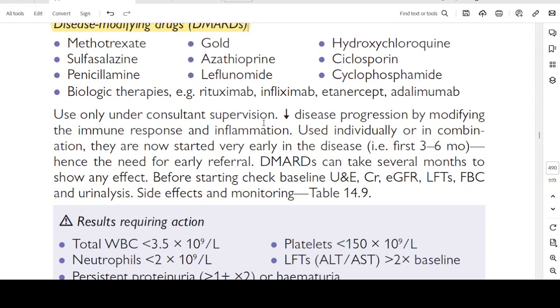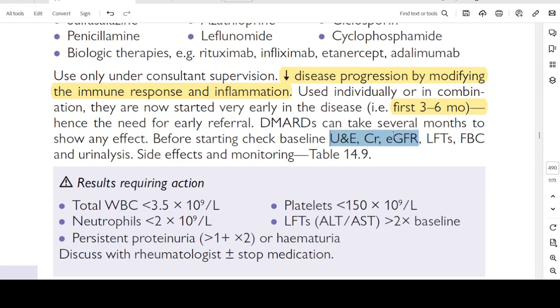Only under consultant supervision, they decrease disease progression by modifying the immune response and inflammation. Used individually or in combination, they are now started very early in the disease, in the first 3 to 6 months. Hence, the need for early referral. DMARDs can take several months to show any effect. Before starting, check a baseline urea, electrolytes, creatinine, eGFR, LFTs, FBC, and urine analysis.